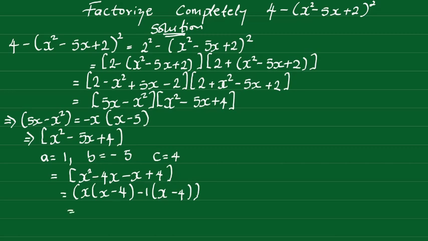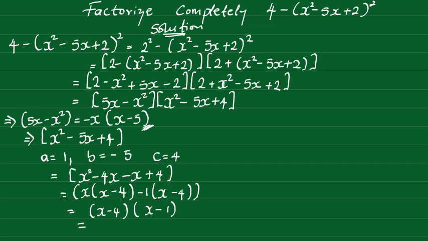Solving further, from our second bracket we end up having (x minus 4)(x minus 1). Now we'll bring down the answer we got earlier on from our first bracket over here.